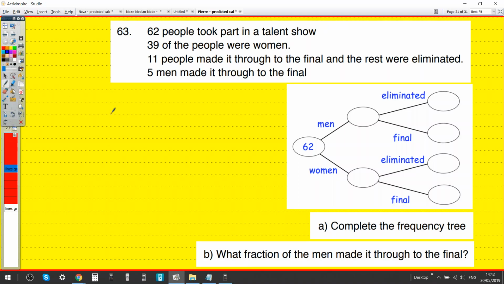Okay, complete the frequency tree. So 62 total. For the women, it's going to be 39 over 62. No, this isn't probability. This is frequency, so it's just the amount.